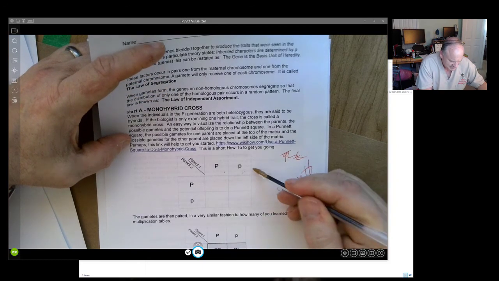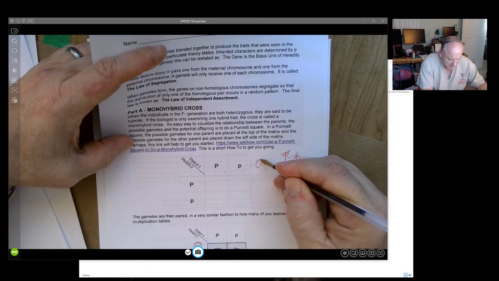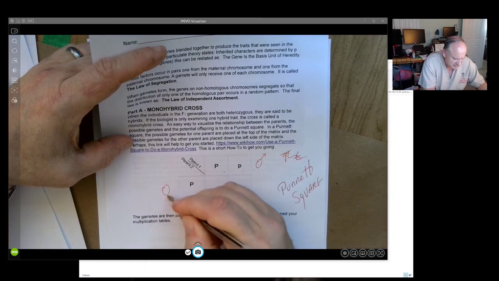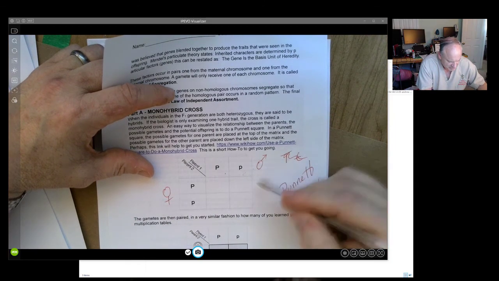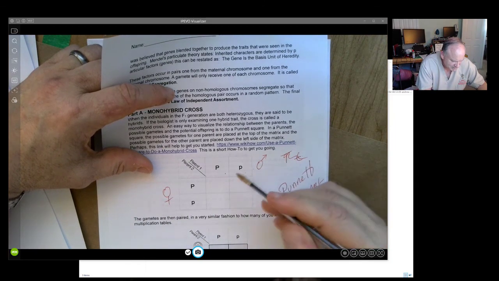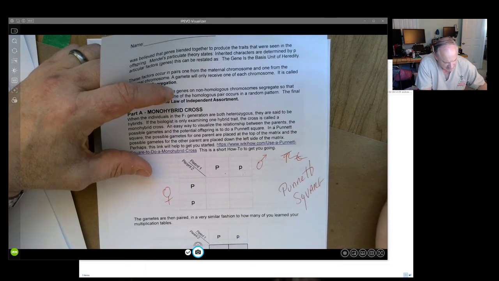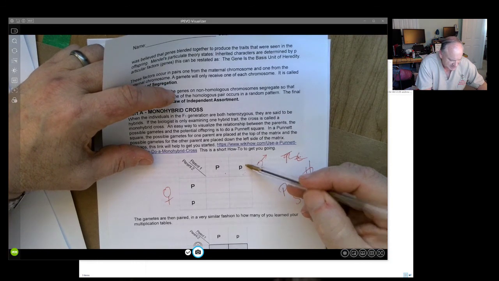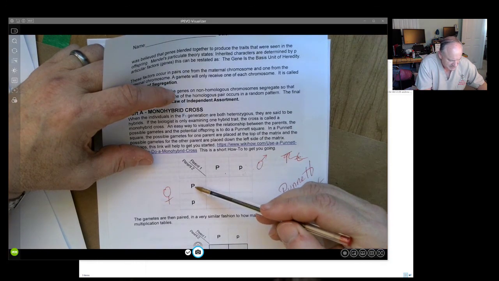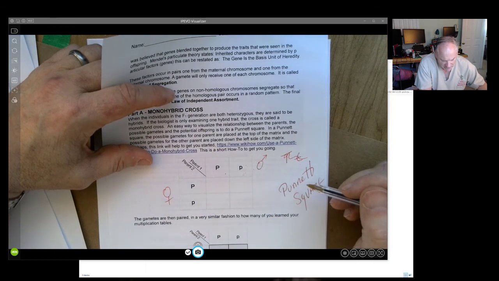So then you have to find out the parent. And the parent one could be the father and the mother. It doesn't matter as long as you denote what they are. So if one parent was big P, little p, and of course whoever wrote this has told us that's the case, and the other parent, the female, was big P, little p, then you want to know what the potential offspring would be.